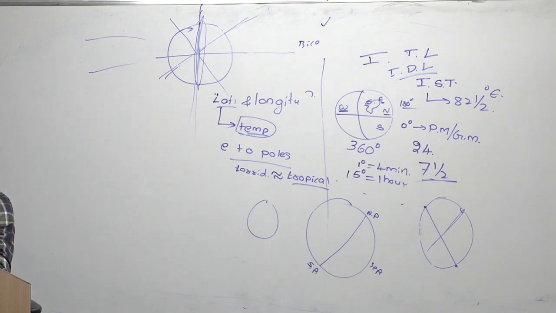Perihelion. The farthest distance is aphelion. The average distance of the earth from the sun is 150 million kilometers.